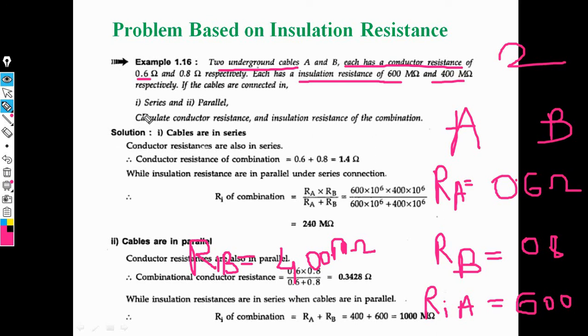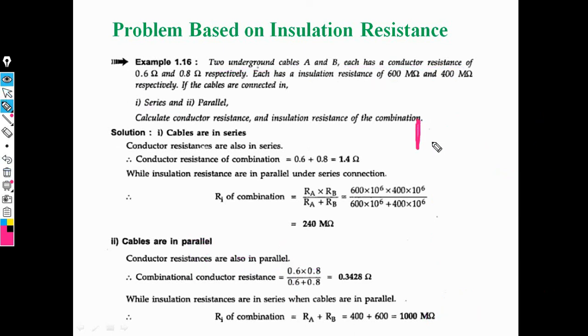The first connection is series, where cable A and cable B are connected in series. The second condition is where the cables are connected in parallel.